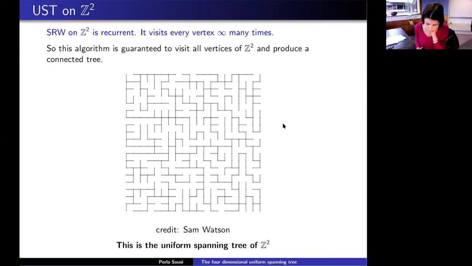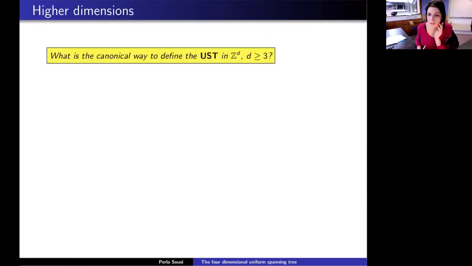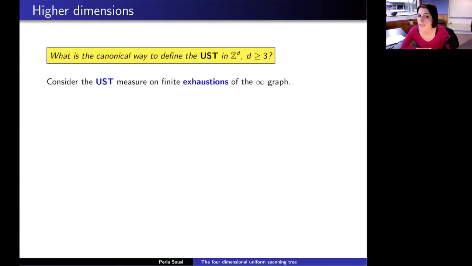Okay, so this is how to generate a uniform spanning tree of an infinite graph which is recurrent. Now, how can we generate a uniform spanning tree of a transient graph? We cannot use the algorithm I just described, but the canonical way is to take a finite exhaustion of the graph.